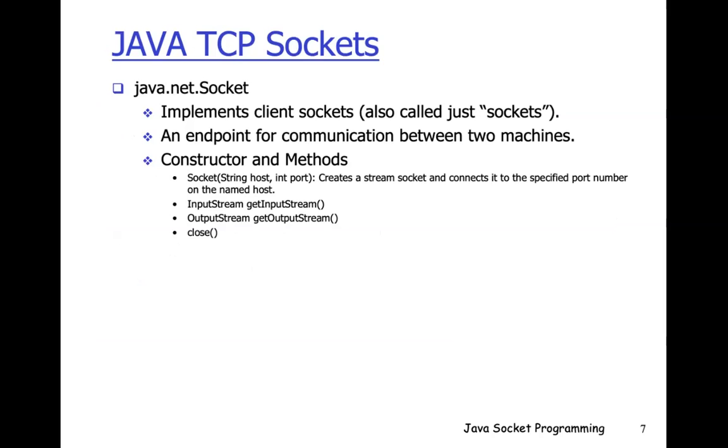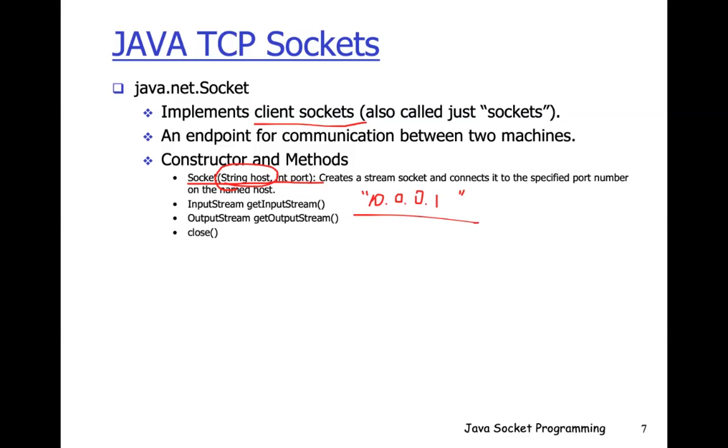For the Java TCP socket, we first look at the client socket. We can create a Socket by giving the host name and the port number. If you know the IP address, you can directly put it in here, for example 10.0.0.1, as the host name.